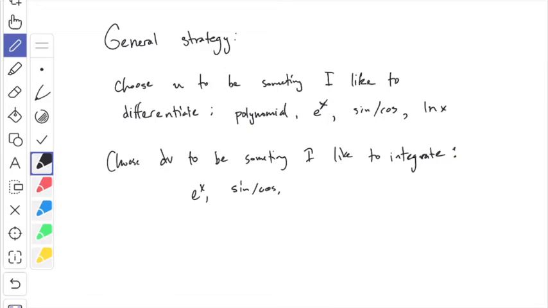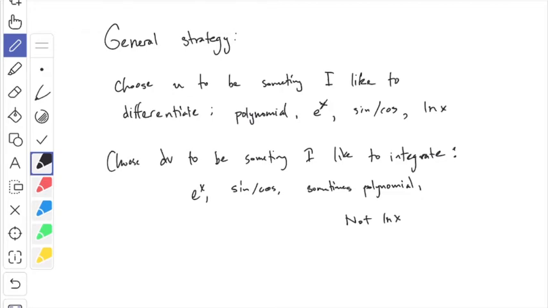So I would say sometimes polynomial. Not ln of x, though, because the natural log of x does not have a nice integral formula. Its derivative is nice, 1 over x, but the integral of the natural log of x is actually something we've never talked about, because it doesn't have a particularly nice formula for it.